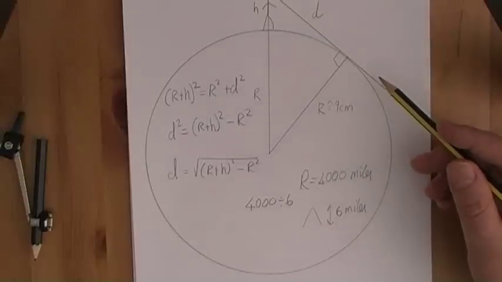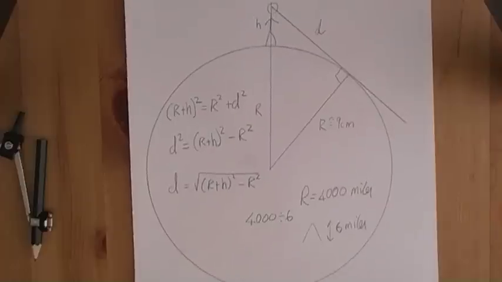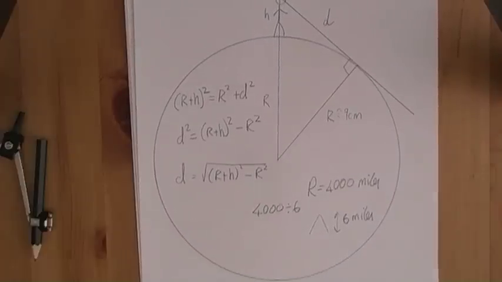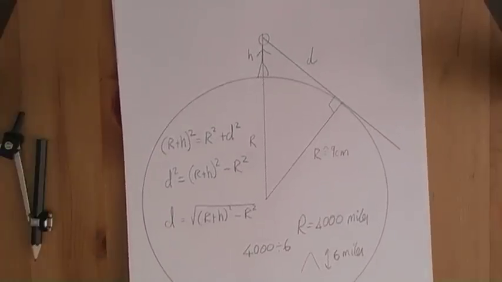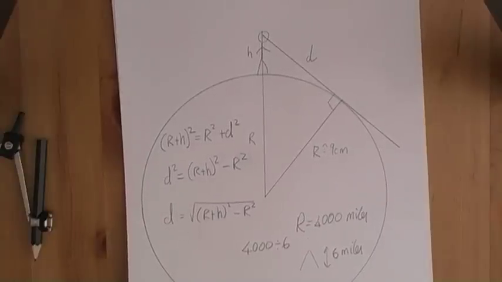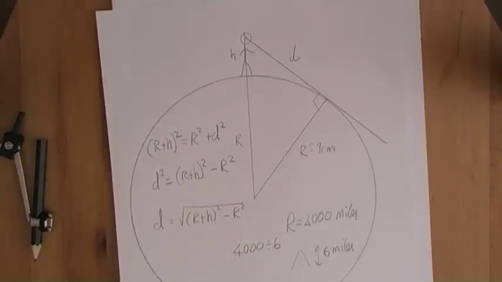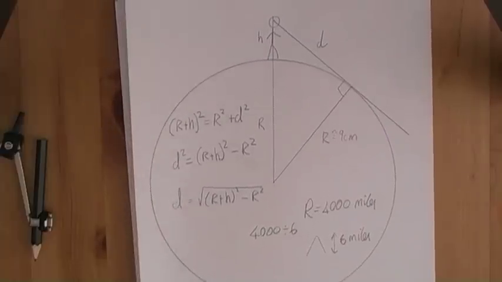It would be too small. It's very, very difficult to visualise how small we are on the face of the Earth. It's very difficult to visualise how far away the horizon should be for us, because our eyes are almost exactly on the surface of the Earth. We're only a tiny, tiny amount above the surface of the Earth when you're standing next to the sea. And it's difficult to visualise it.